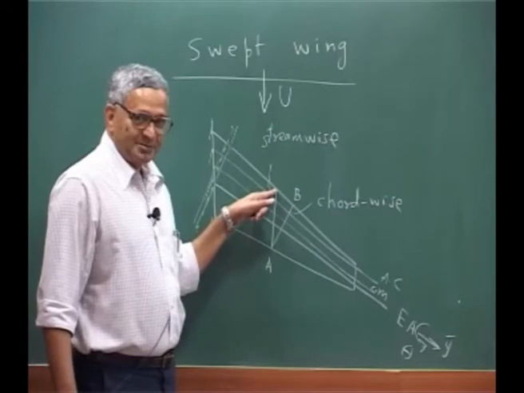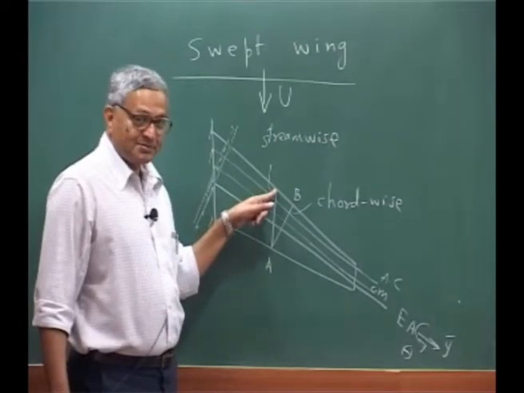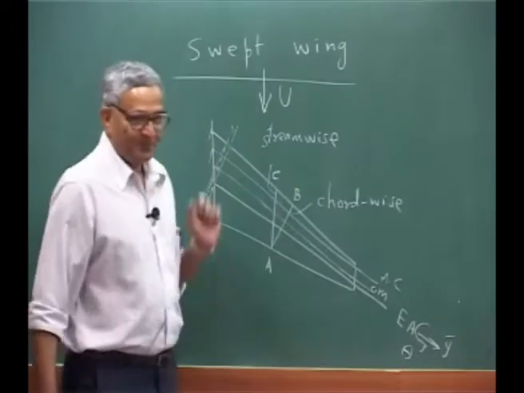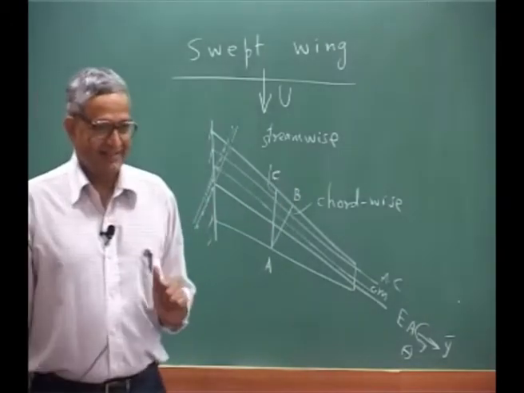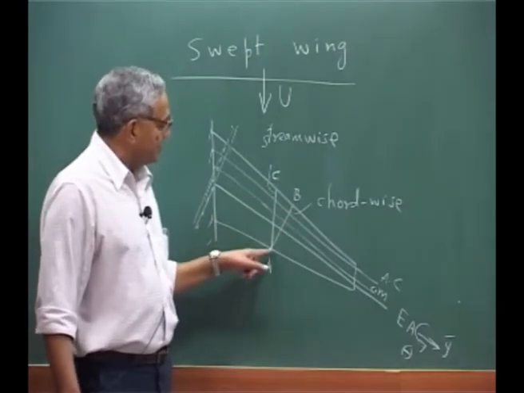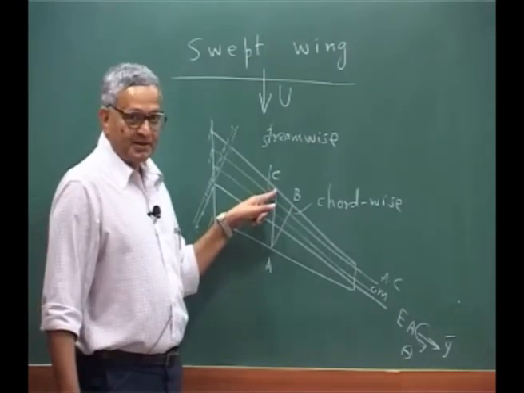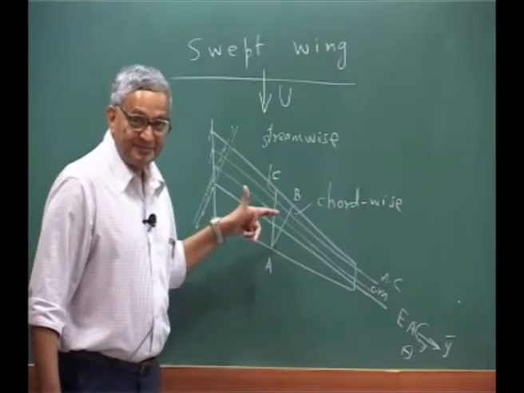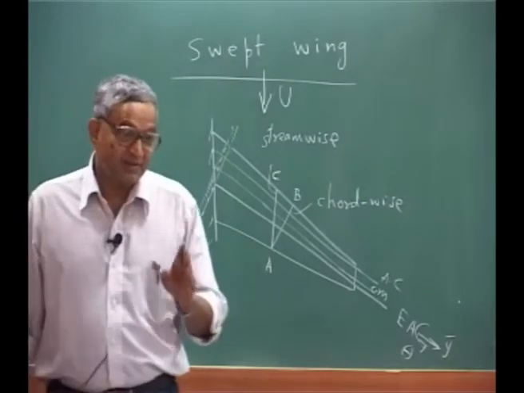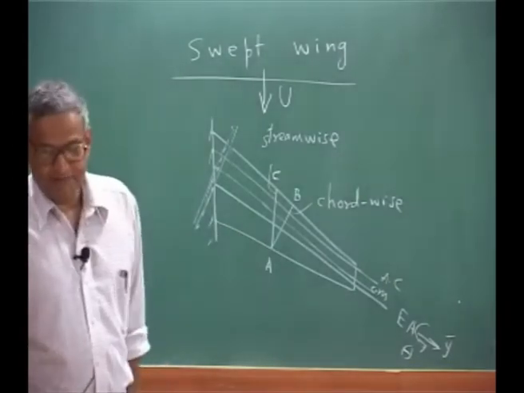This point will have slightly less because it is closer to the root. So the point C will be slightly having a less deformation than B. That means if you take AC, there is like a twist. Okay. But this is from the streamwise approach.